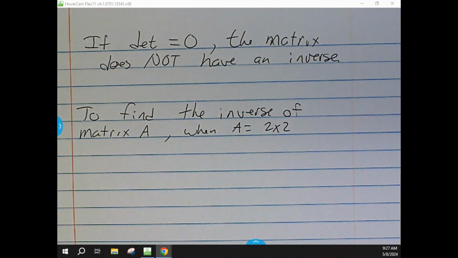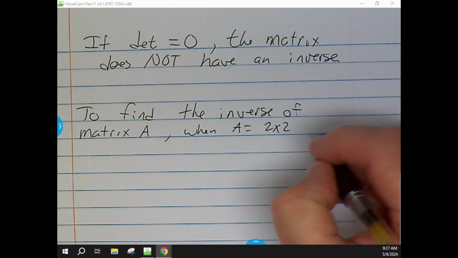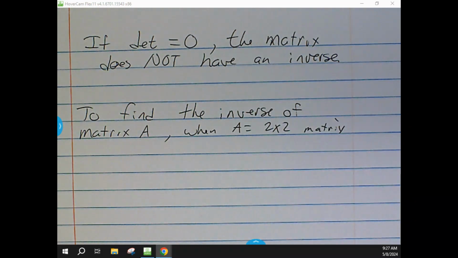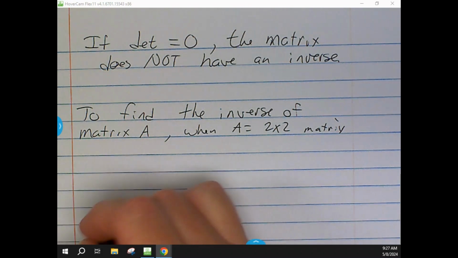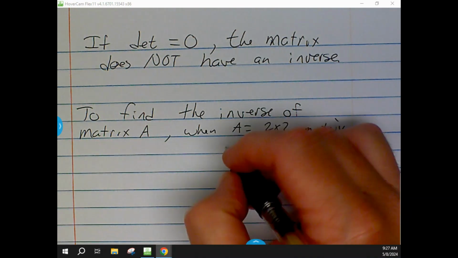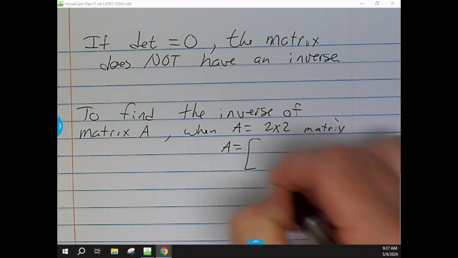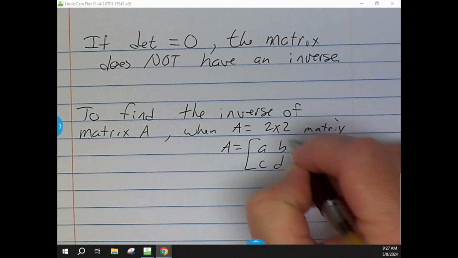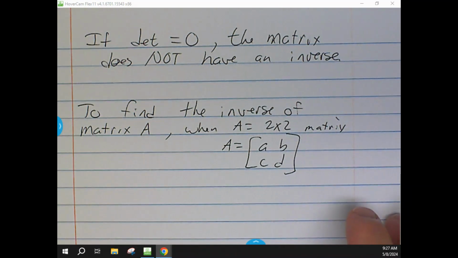So to find the inverse of matrix A when A is a 2 by 2 matrix, let's go ahead and give you this, because we'll need it for the next thing. A would be A, B, C, D, if that's our 4 numbers that we're looking at here.